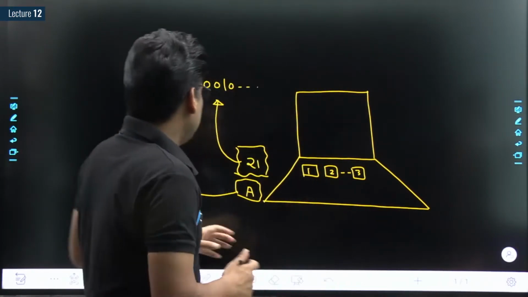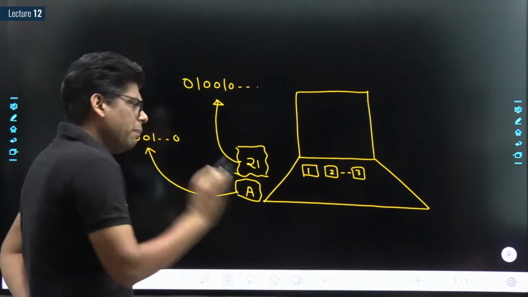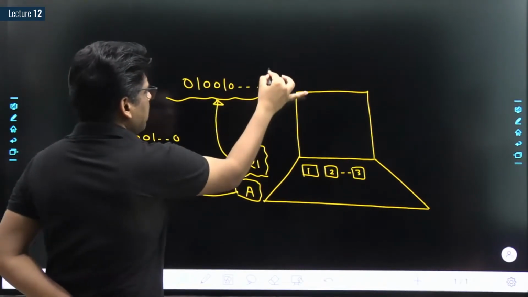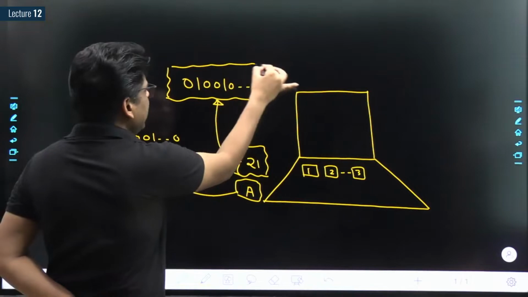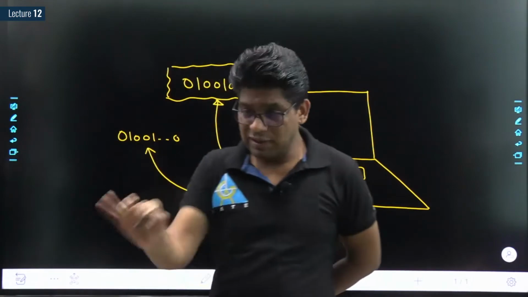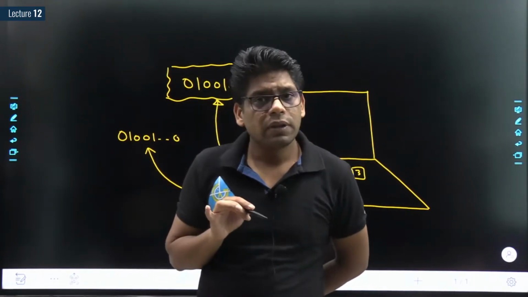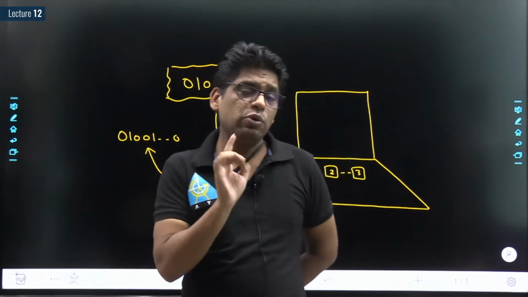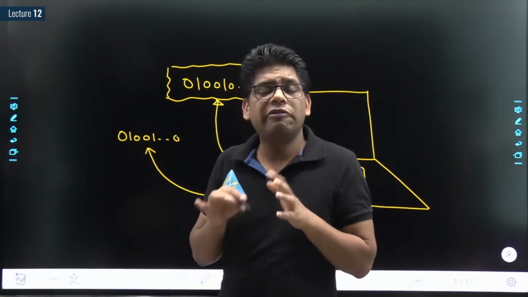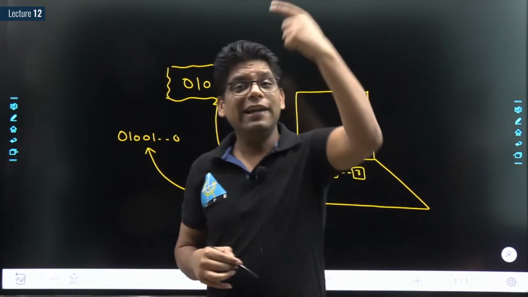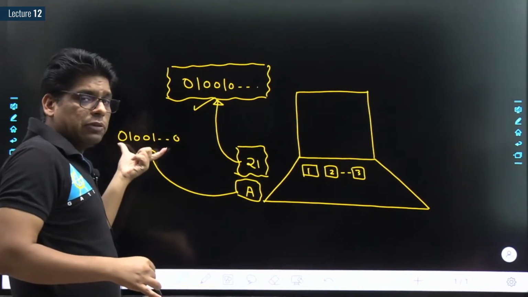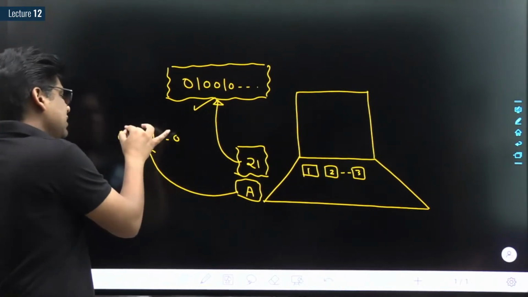Similarly, when we talk about input, no matter whatever you provide from the keyboard, from the machine's point of view, it is nothing but a sequence of 0 and 1. So we need to tell the compiler that the data coming as a sequence of 0 and 1 is an integer, or that the data coming from the keyboard as a sequence of 0 and 1 is a character.